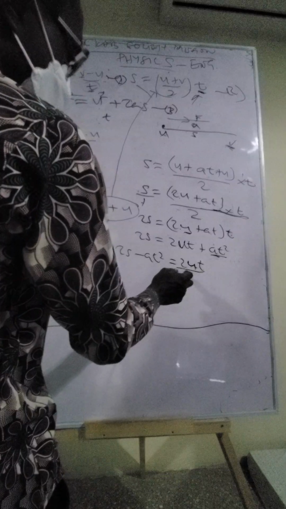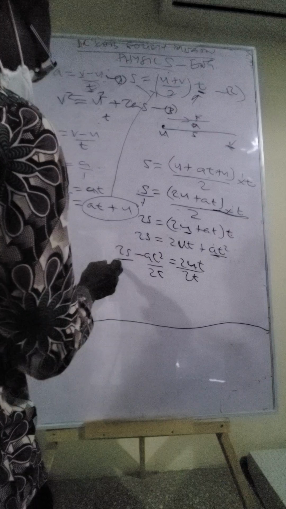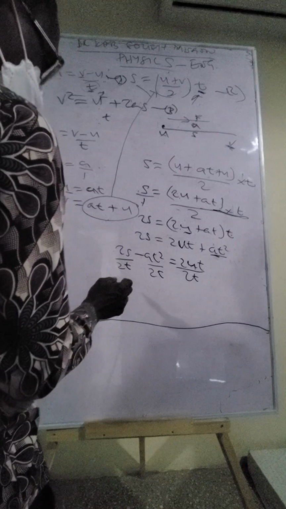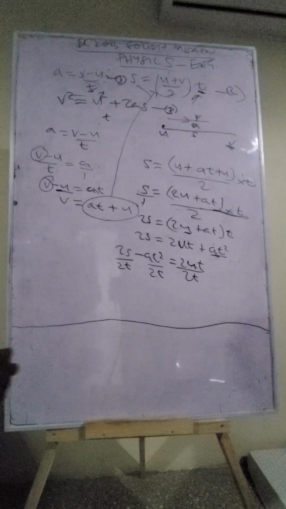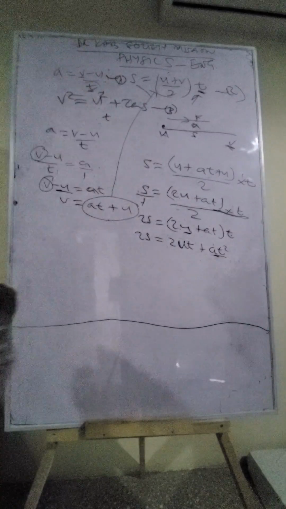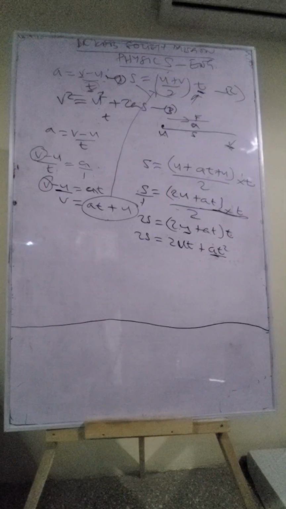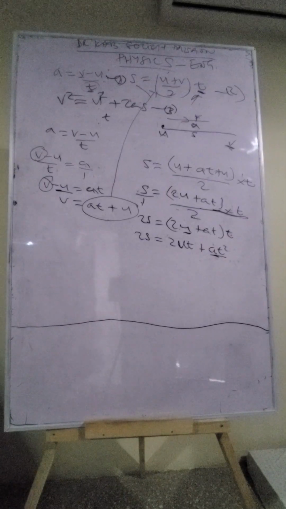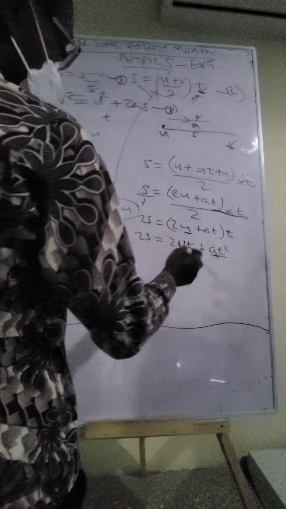If we divide here by 2t, we want u to be the subject, we divide here by 2t. Right, so at this point, if we are making u the subject, of course it will be a little complex.